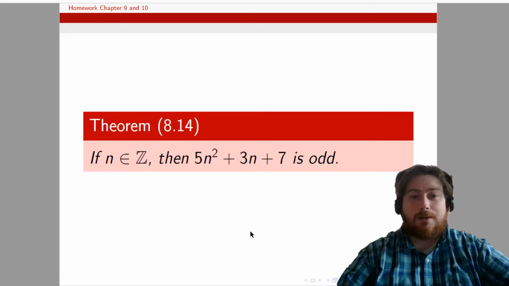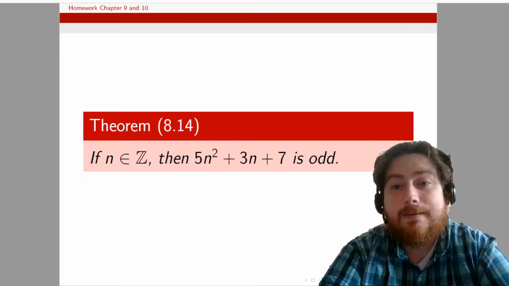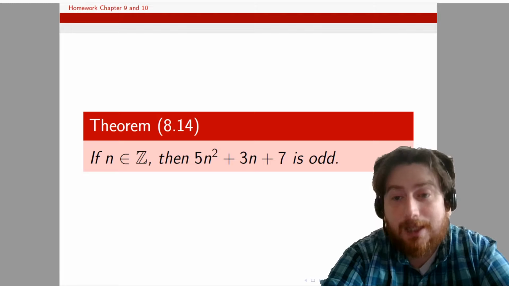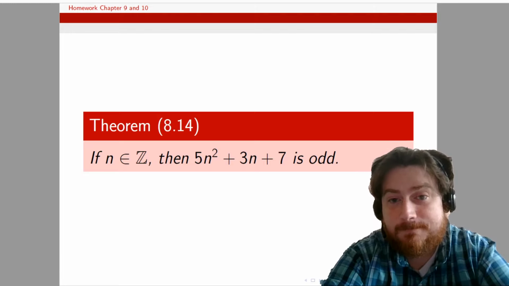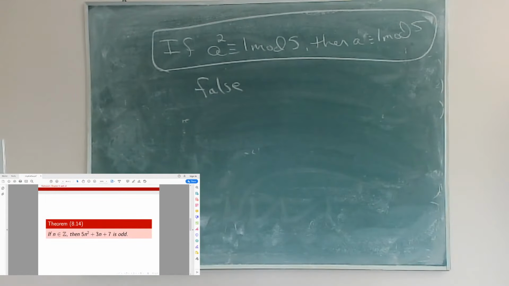You did have a question about 14 here. Thank you for that. All right, so what I want to show is that if n is an integer, then 5n squared plus 3n plus 7 is odd. Very good. Let's go up to the board then.